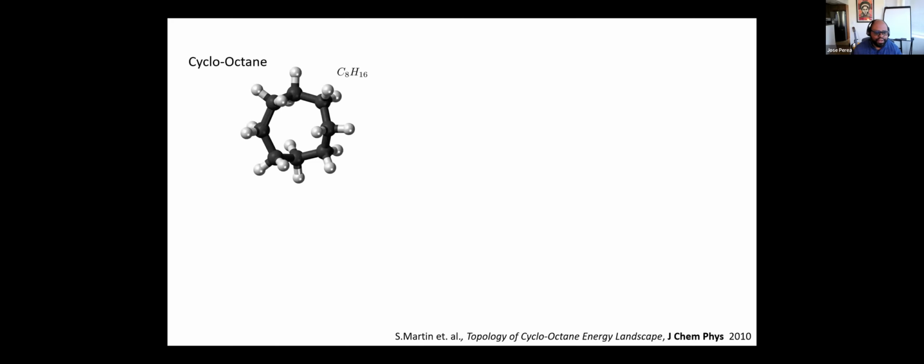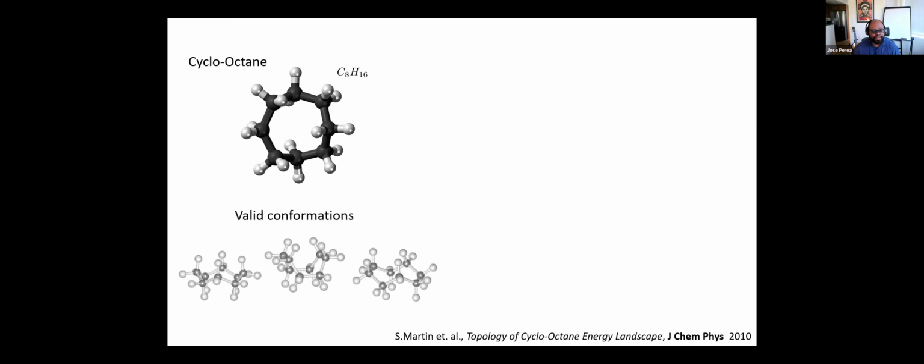So think of the cyclooctane, which is a molecule with a ring of 8 carbons, and then you have 2 hydrogens attached to each carbon. And you can think of all the possible realizations of this molecule in R3, all the valid realizations.